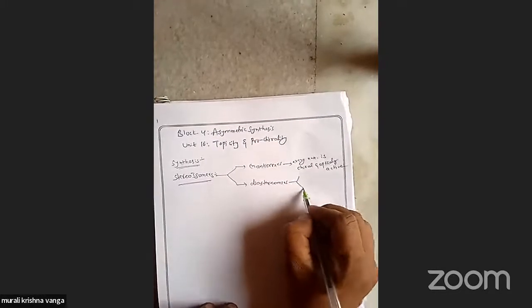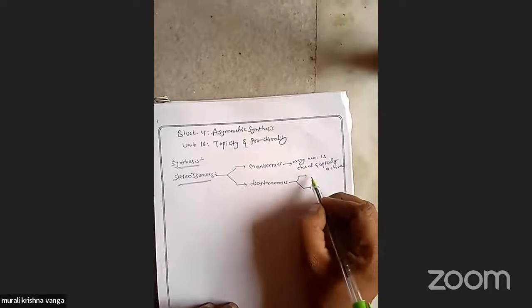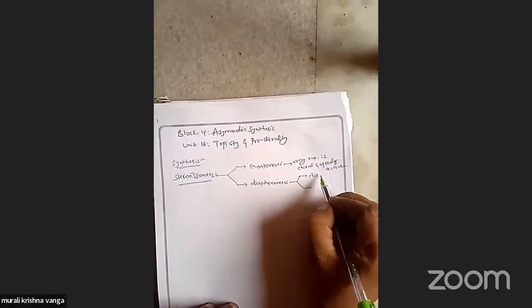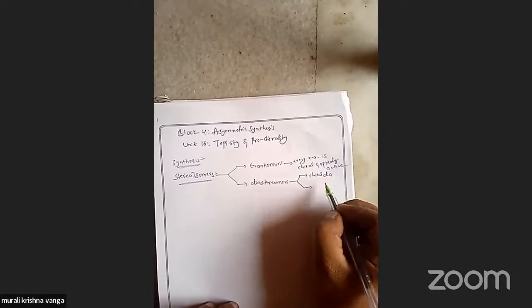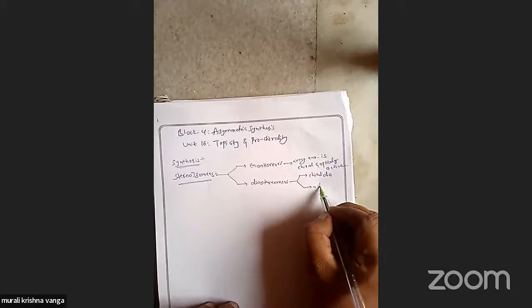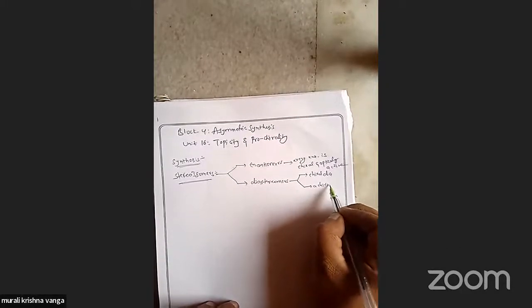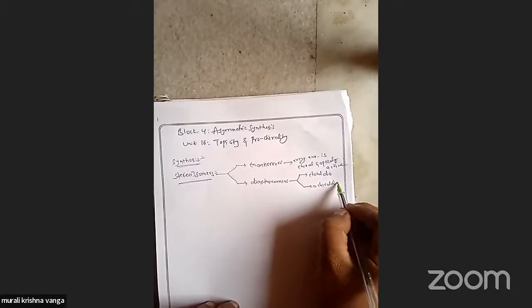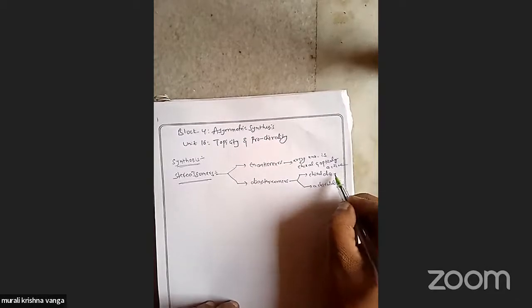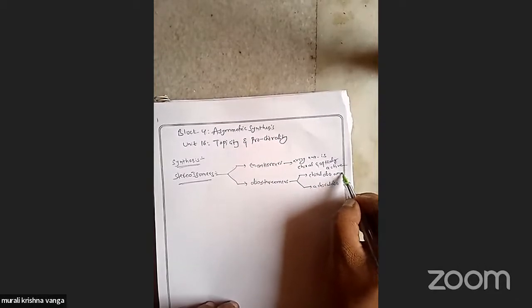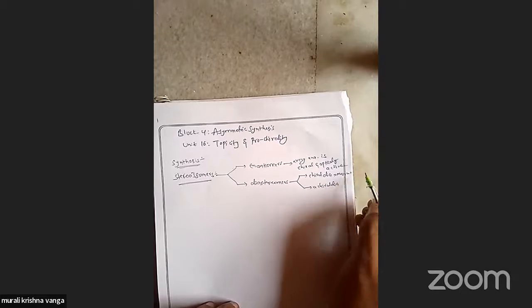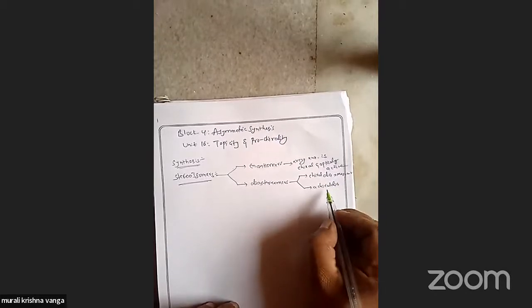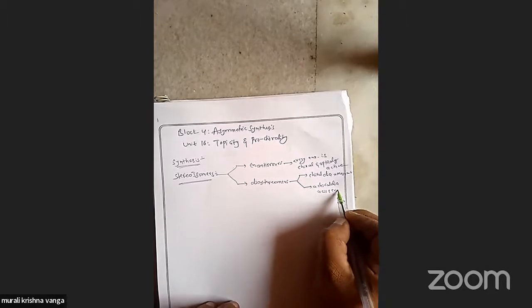Diastereomers: some diastereomers are chiral diastereomers, and some diastereomers are achiral diastereomers. An example of chiral diastereomers is meso and optically active compounds, and an example of achiral diastereomers is cis and trans compounds.